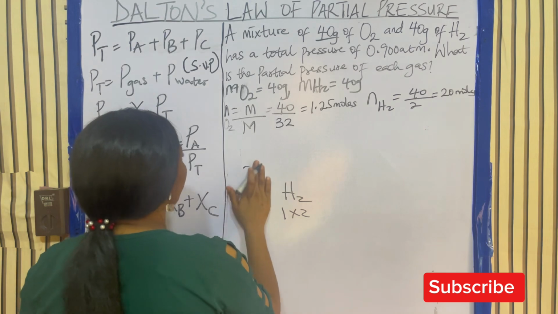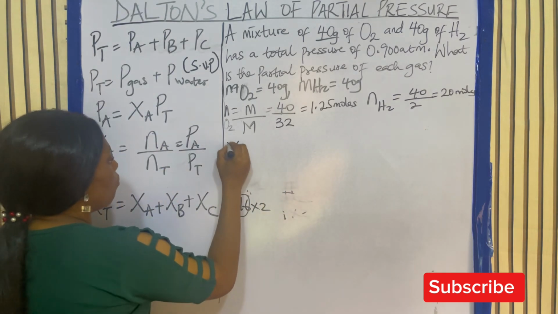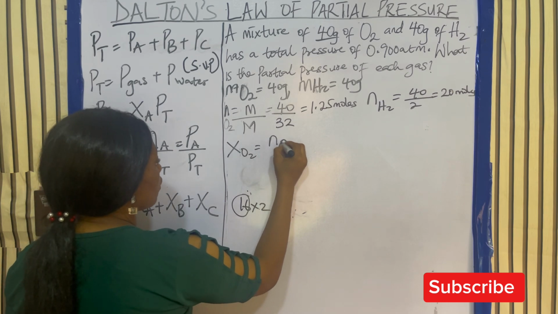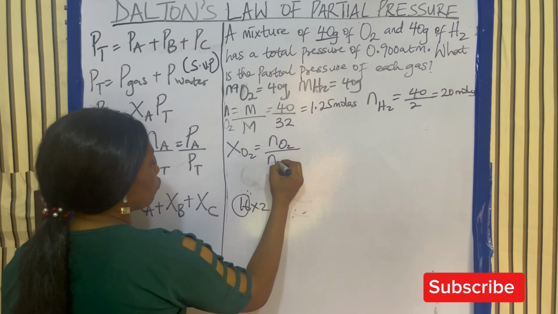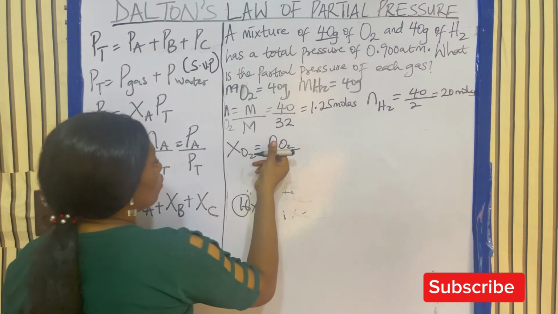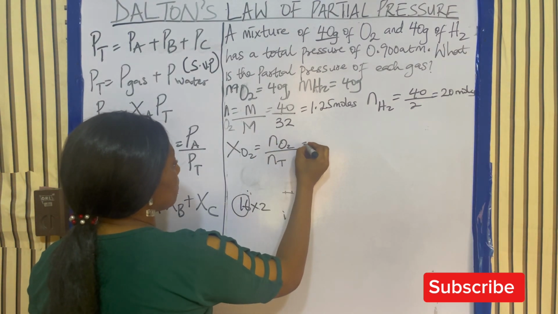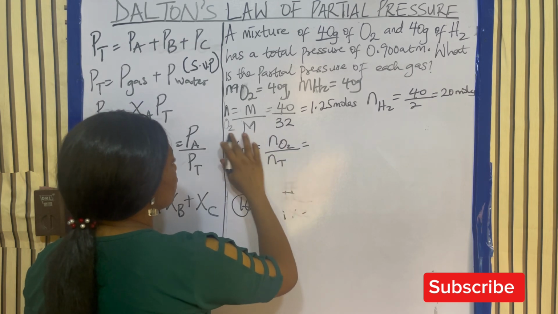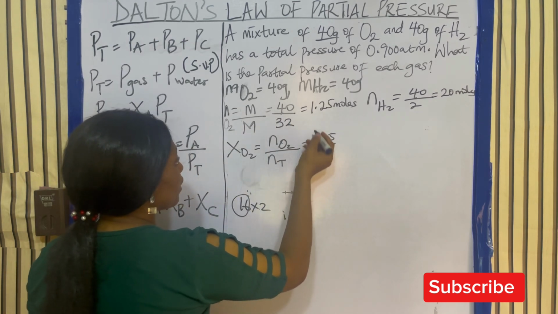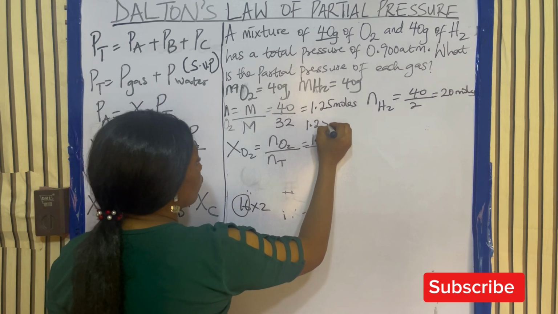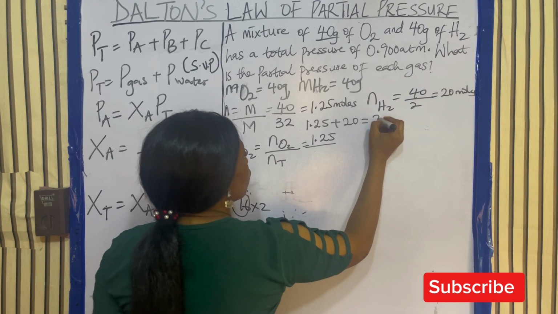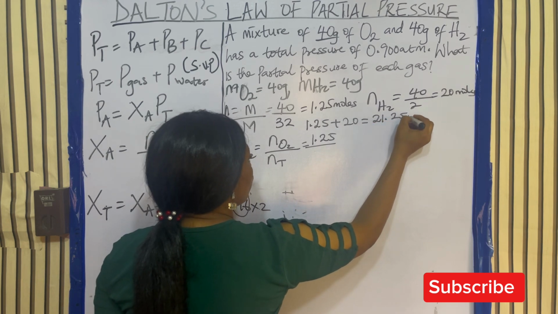To find our mole fraction, the mole fraction of oxygen will be the number of mole of oxygen divided by total number of moles. The number of moles of oxygen is 1.25 divided by the total. So let's get the total. The total will be 1.25 plus 20, and that will give us 21.25 moles.